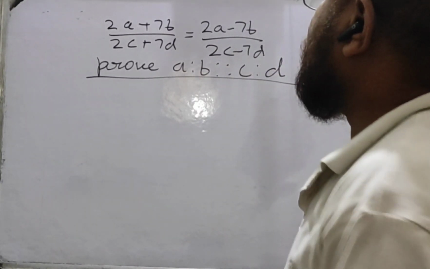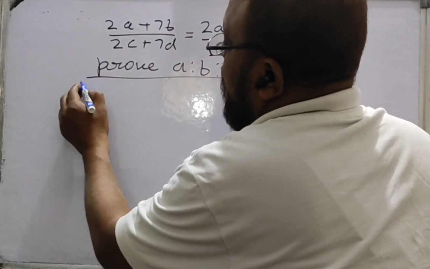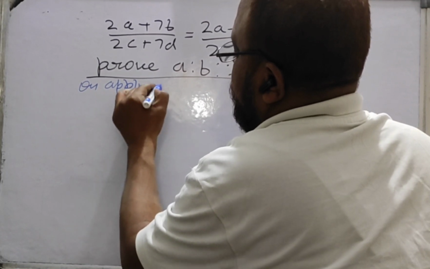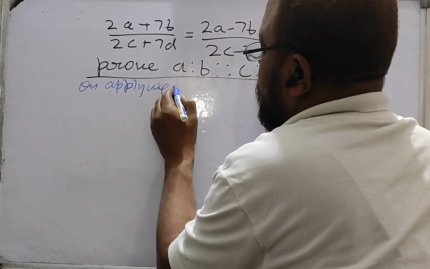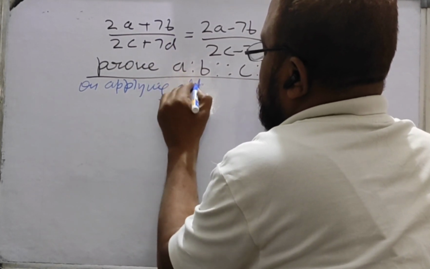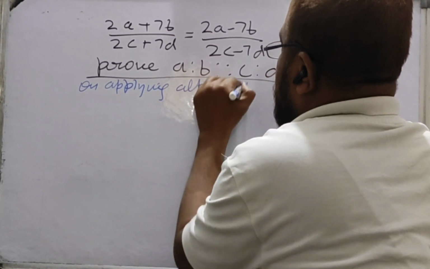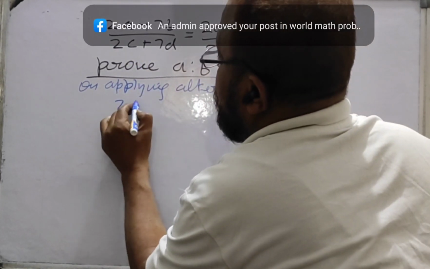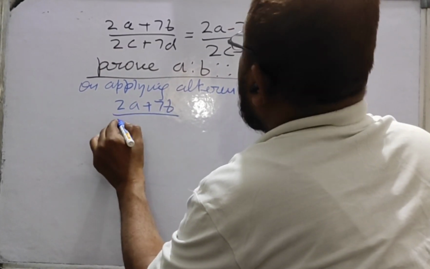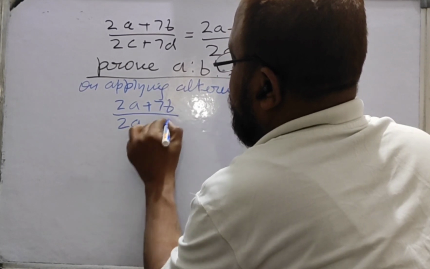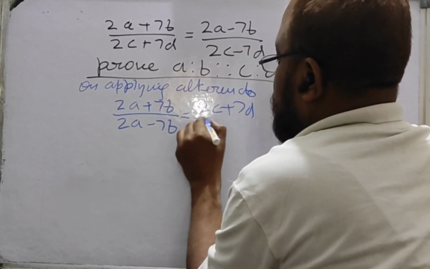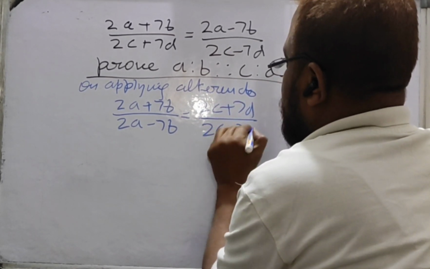You will first write, on applying alternendo, this becomes 2a plus 7b upon 2a minus 7b is equal to 2c plus 7d upon 2c minus 7d.